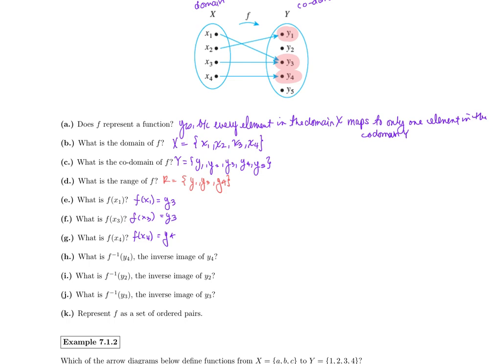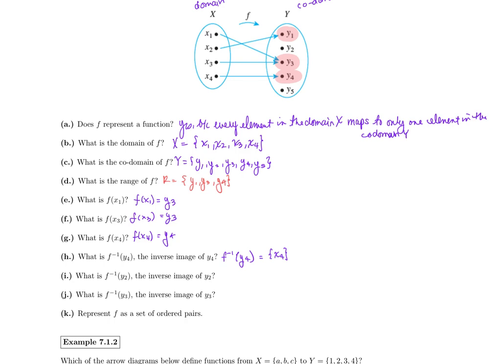Well, this is where we look at y4 and we figure out what set of elements in the domain are mapped to y4. In this case, it's only x4. So the inverse image of y4, and remember, this could have more than one element, so we write it as a set, and in this case, it's only x4.